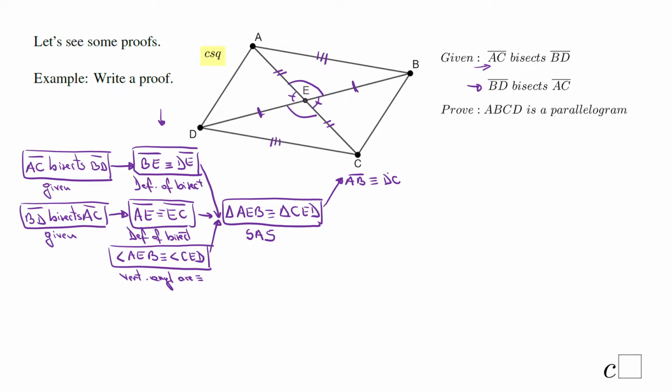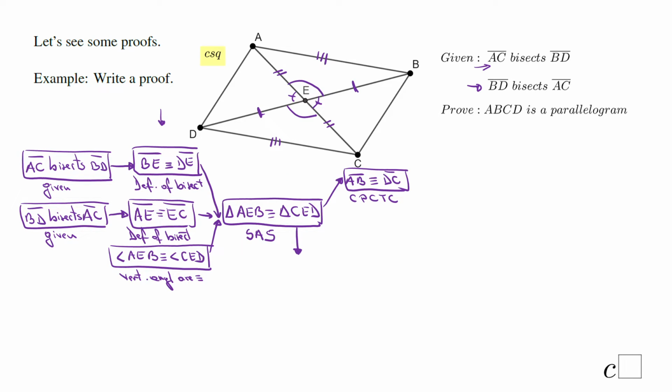And the reason for this statement is corresponding parts of congruent triangles are congruent, CPCTC. One more time, corresponding parts of congruent triangles are congruent. But also, I can write another statement. Which one? Let me put that down here.